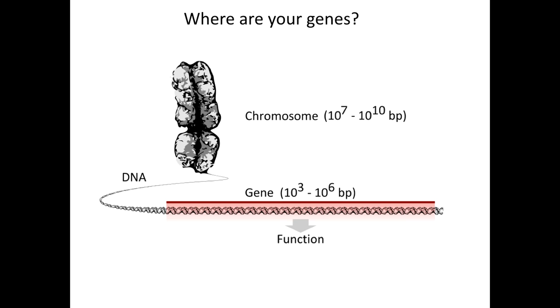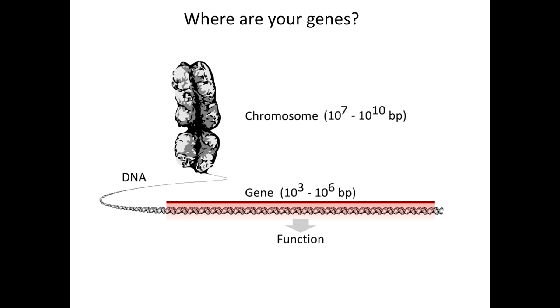And where are your genes, anyway? There is going to be a chromosome, something that has 10 to the 7th to 10 to the 10th base pairs. So we're talking millions to billions of base pairs long.